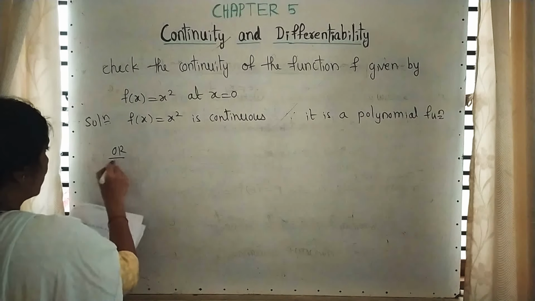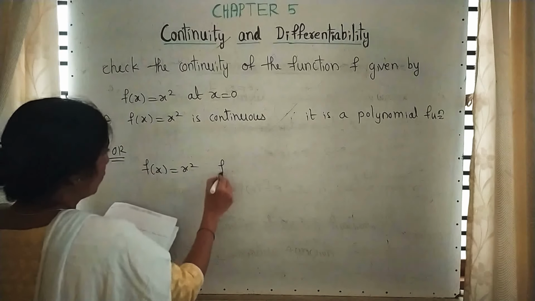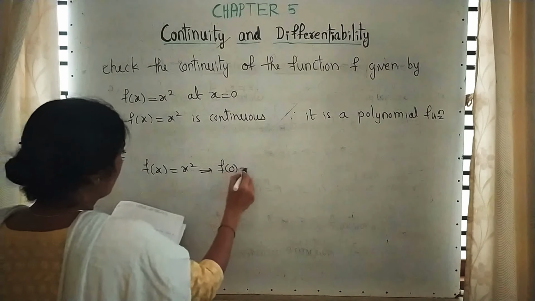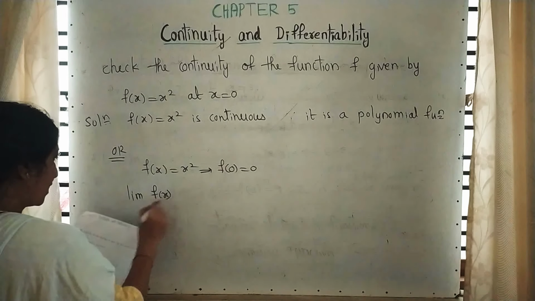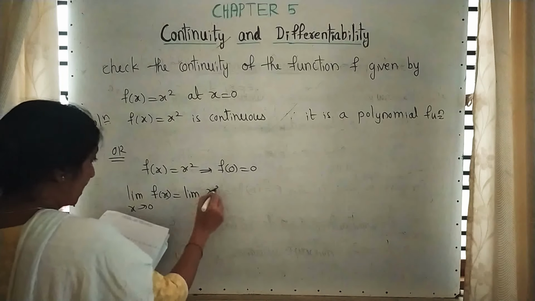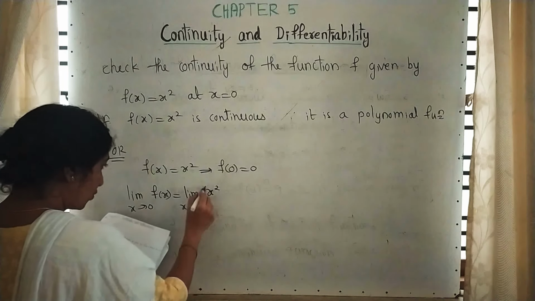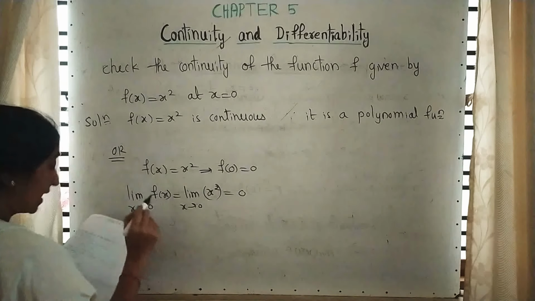Or one more method is what? f of x is equal to x square. So what is f of 0? f of 0 is 0. And see, limit f of x as x tends to 0 is limit. Now I am writing that function value, x tends to 0. In the next step, in place of x I am writing 0. At that time don't write the limit.